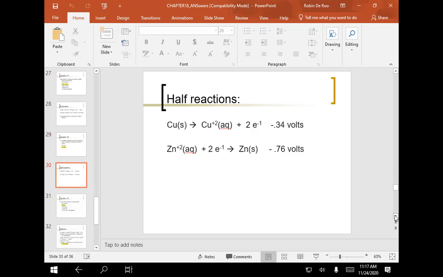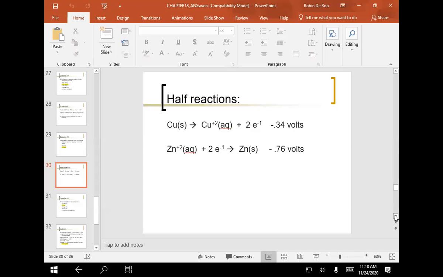Okay, if you look at the volts, if you put a piece of copper in there, you'd have negative volts, and then the zinc would be negative volts. And if you overall get negative volts, then nothing's going to happen, no reaction.